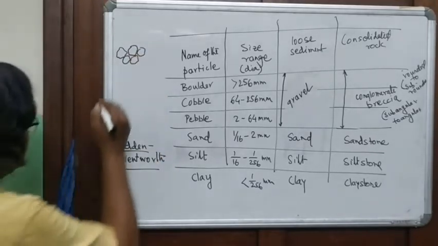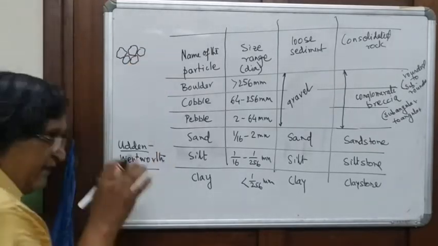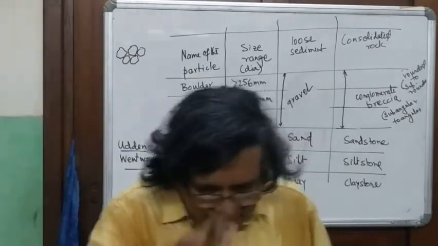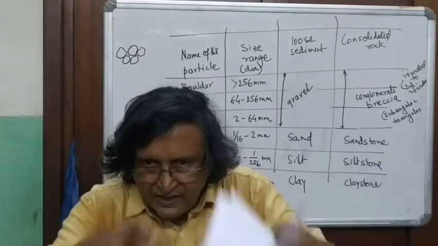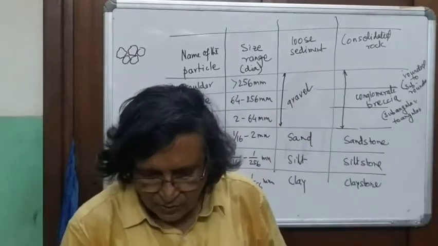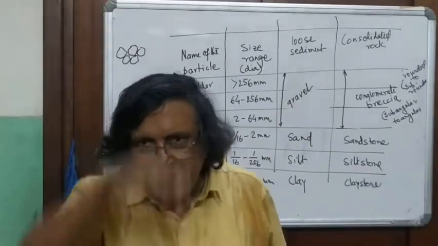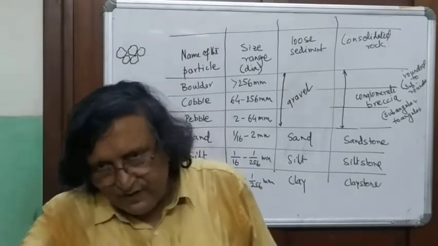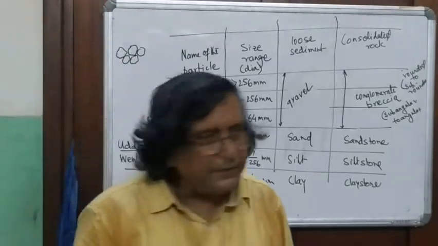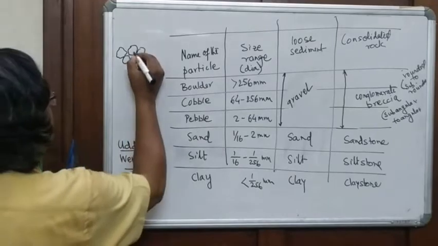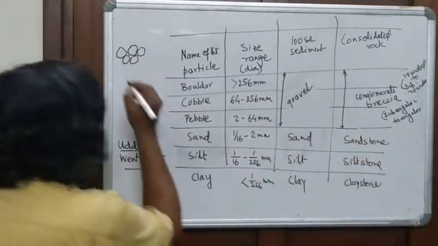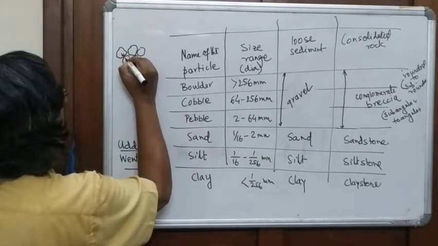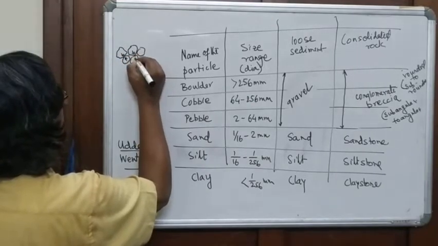When the loose sediment is progressively brought down as new sediments are piled one over the other, the oldest sediment is at the bottom and the youngest sediment is at the top. This we have studied before. And therefore there is pressure generated between the grains. So these are the pressure points. Can you see that? These are the pressure points.